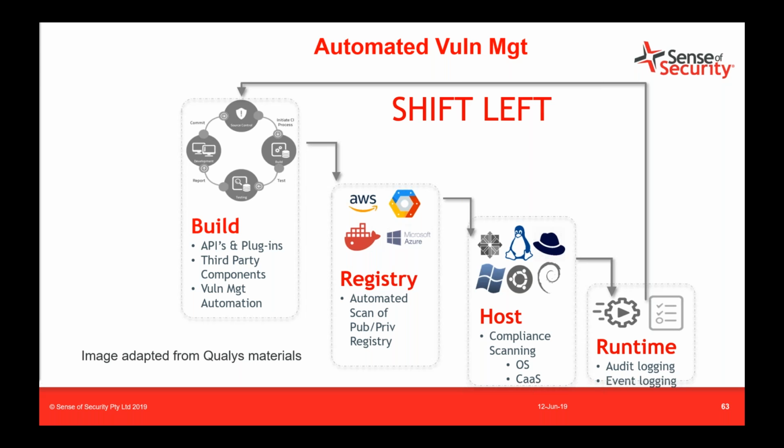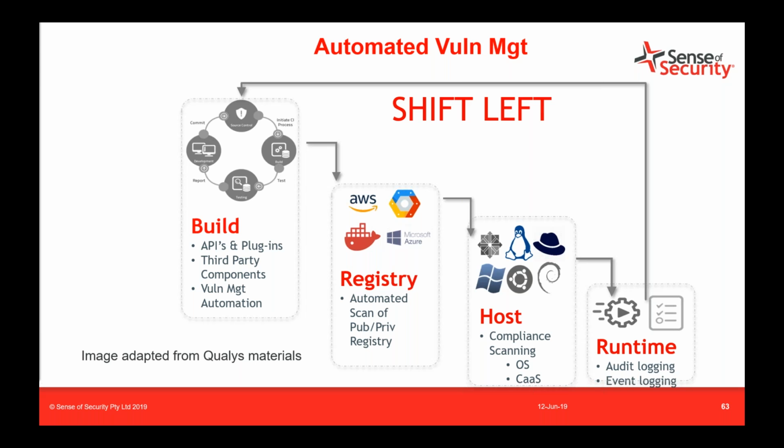On the host itself, there's obviously an operating system, and there are components within that particular container which might inflate the footprint of the container. So you might be running vulnerable components even if the intrinsic nature of your container itself is secure, but you might be running insecure daemons such as an insecure SSH daemon.